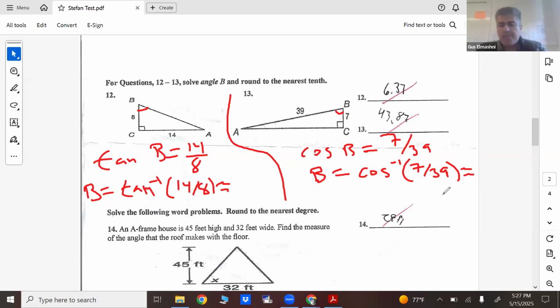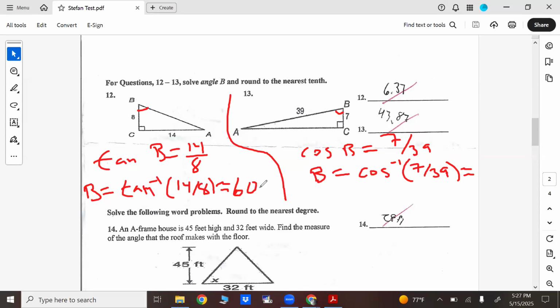Then you gotta work that out. 79.7 degrees.